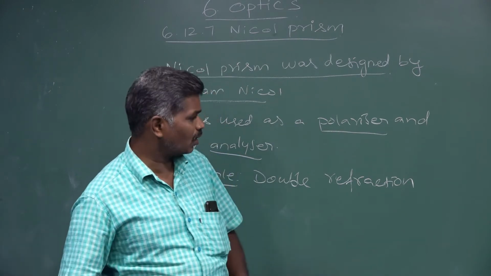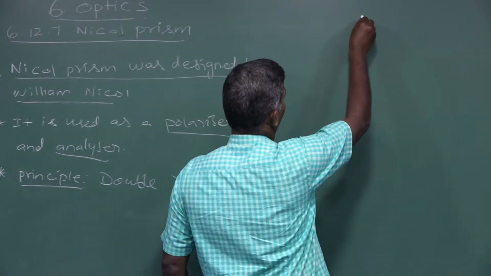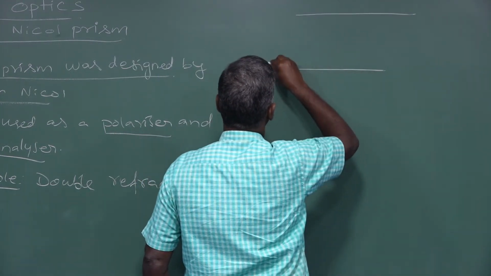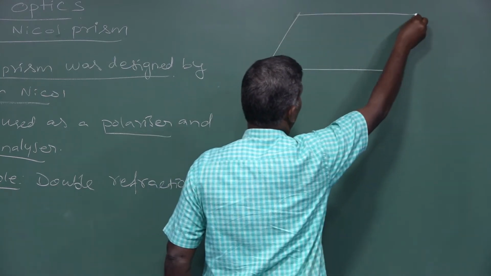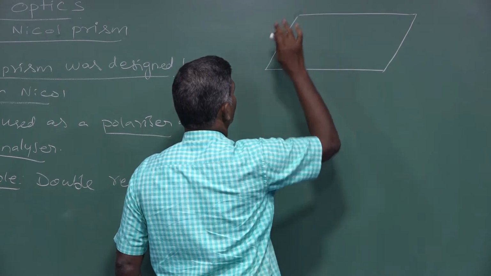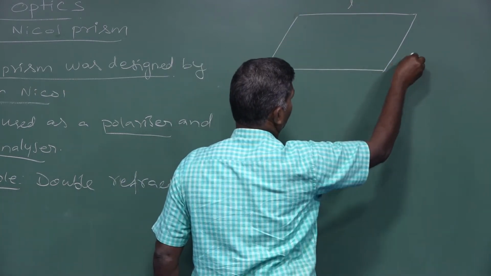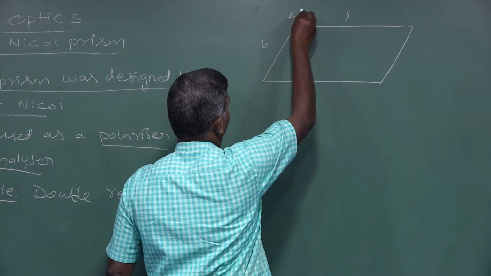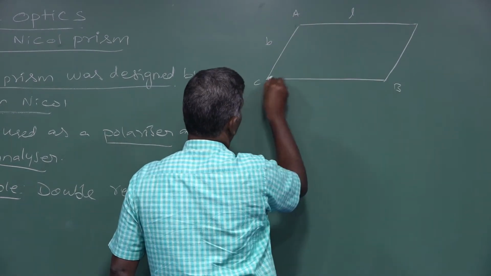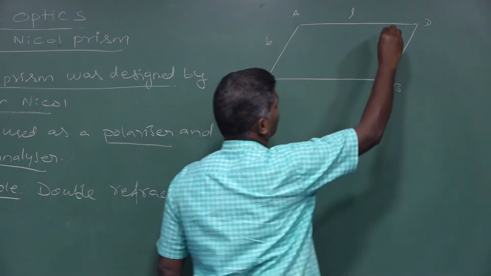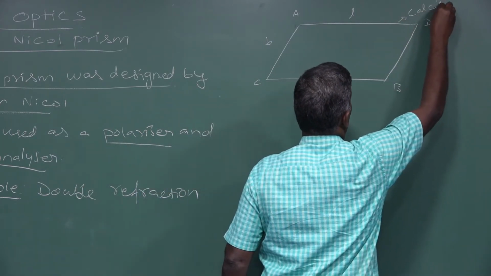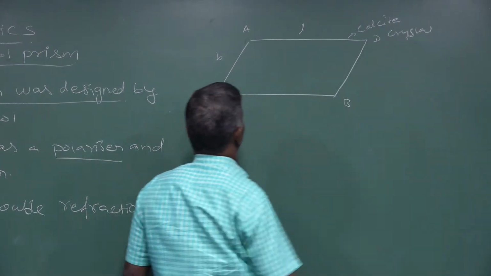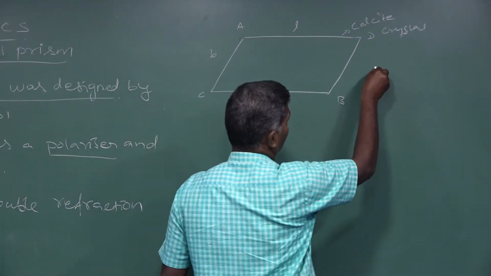That diagram we are going to draw now. It has a length and a breadth, and the corners are named A, B and C, D. This crystal is a calcite crystal.